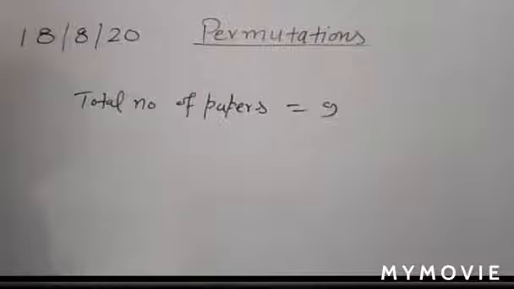Then you try to find the total number of ways in which the best paper and worst paper are together, and then you subtract them. You will have your answer in which the best paper and worst paper can never be together.